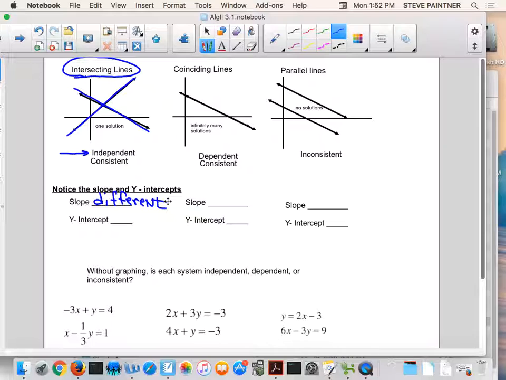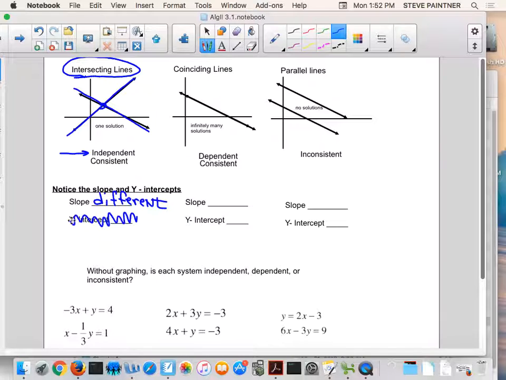Once you say the slopes are different, you know they're going to intersect in how many spots? One. You don't even care now about the y-intercept. If you know you have different slopes, you have intersecting lines. One answer.